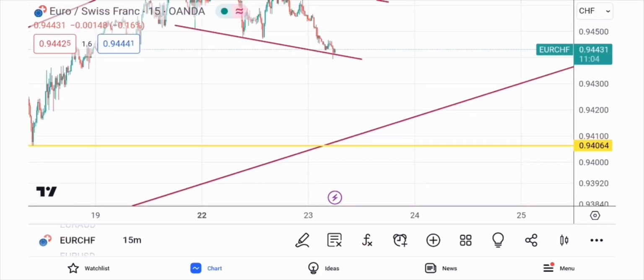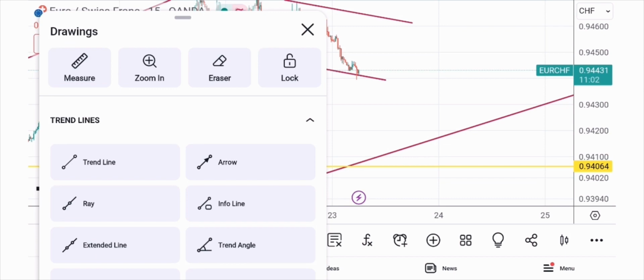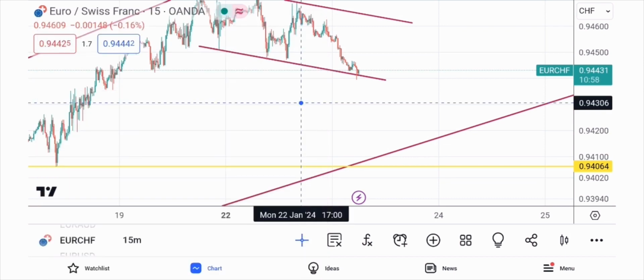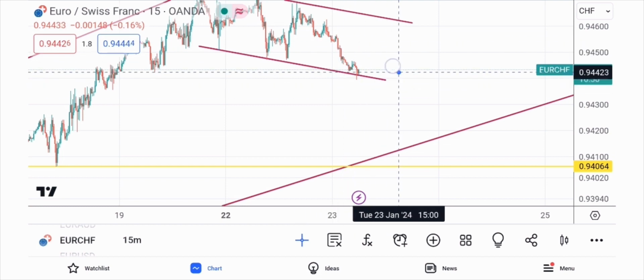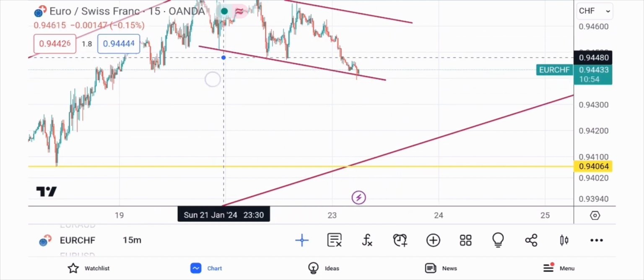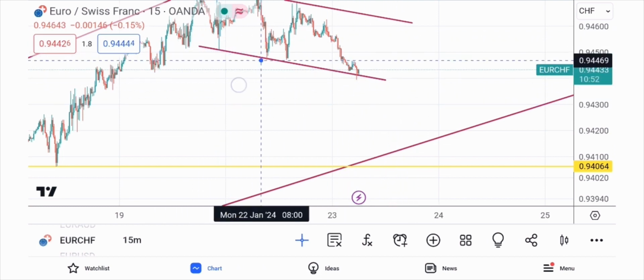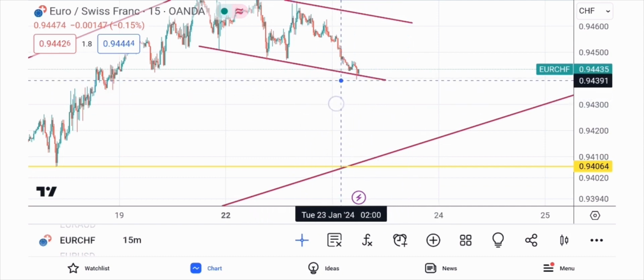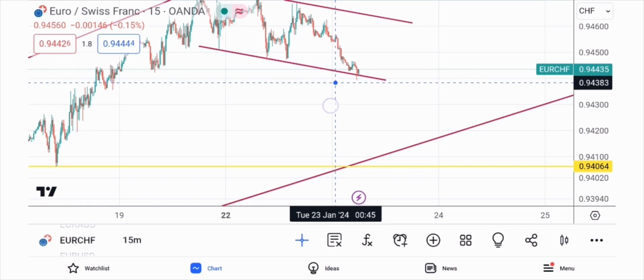So as you can see here, the market hasn't broken our lower structure yet. So what we're going to do is put our entry somewhere there where you can wait for the market to break out, and then once it gives you a breakout, you can enter the market, right?